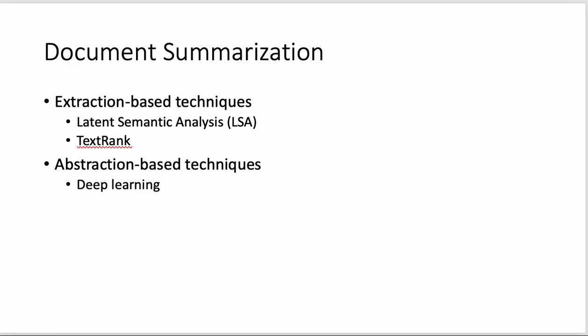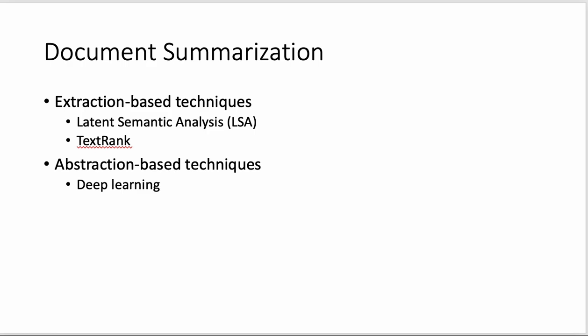And then the next approach is abstraction-based techniques. These techniques are more complex and sophisticated because they leverage language semantics to create representations and use natural language generation techniques, where the machine uses knowledge bases and semantic representation to generate text on its own.